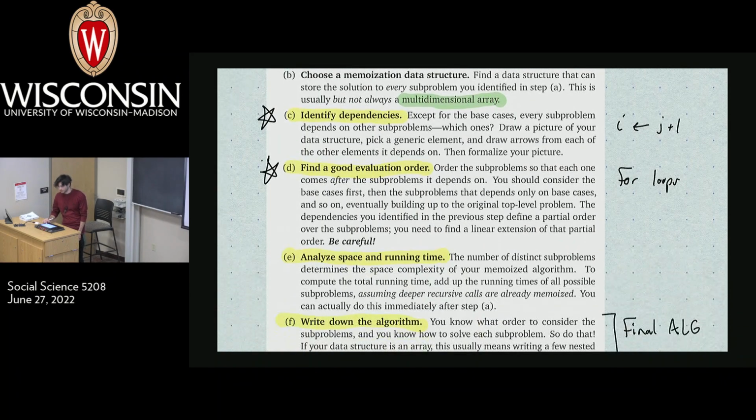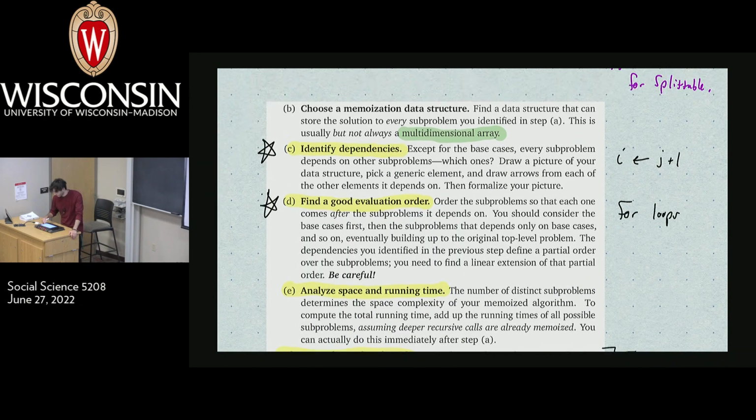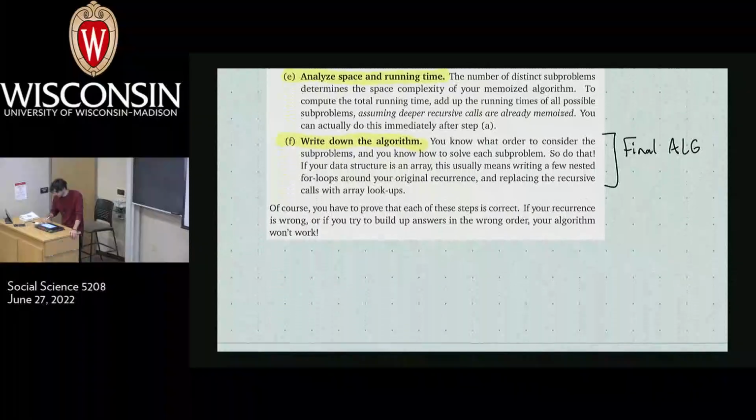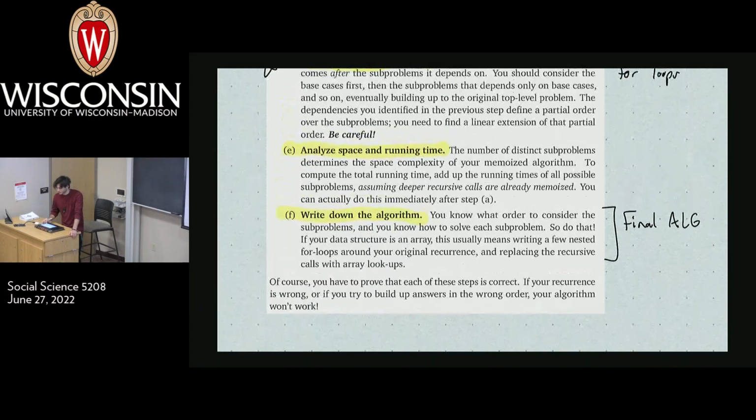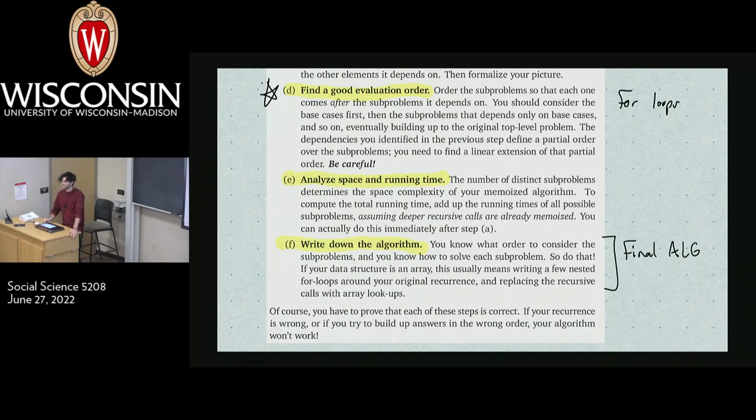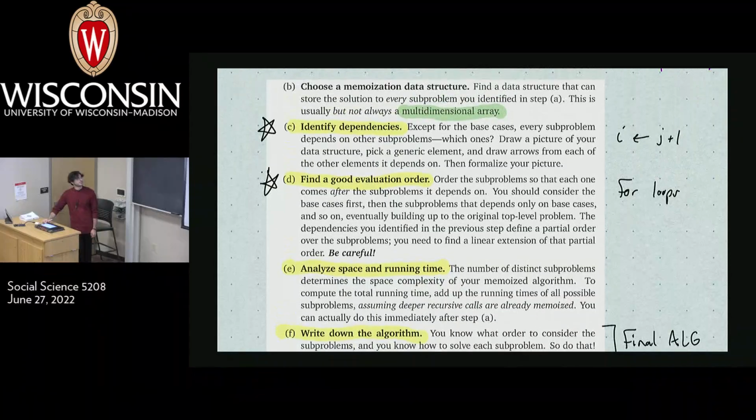So those are the two key parts. And just like when you're analyzing recursive algorithms using a recursion tree, you're almost always going to do this by using a picture. Any questions? We're going to go through some examples in a minute. I guess just take it in.